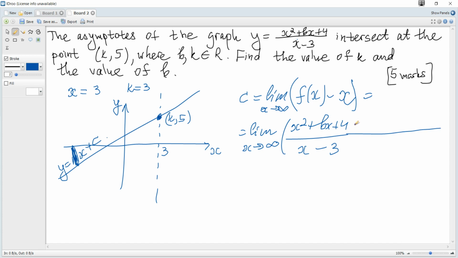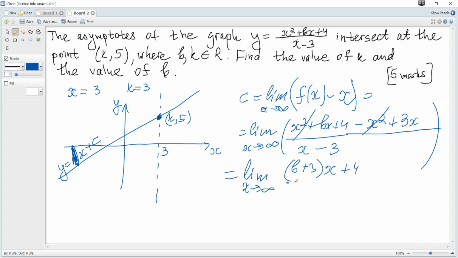It becomes minus x squared plus 3x, which is equal to the limit, and in the numerator we can factor out x, and again we analyze only the largest powers of x, and we can see the same powers, and the limit is just b plus 3 over 1, or just b plus 3.